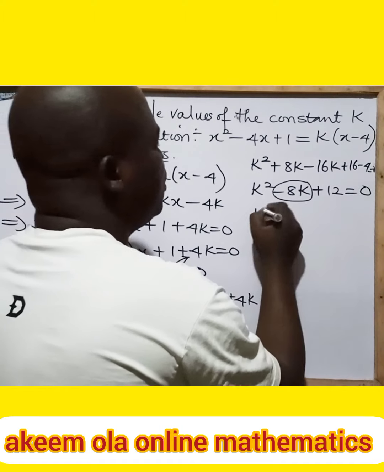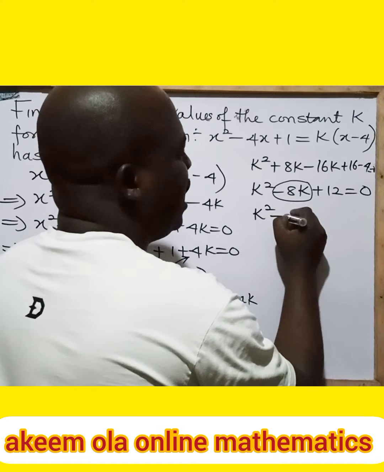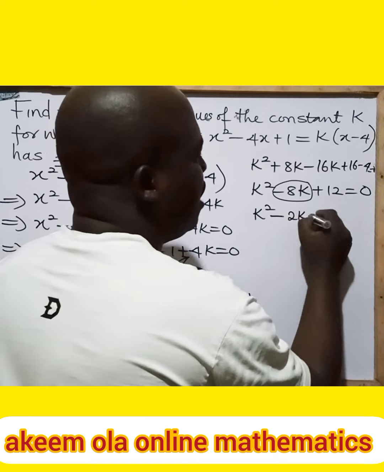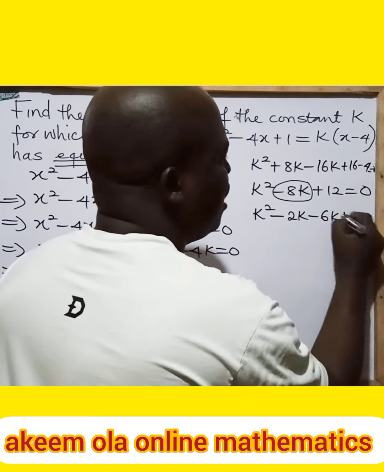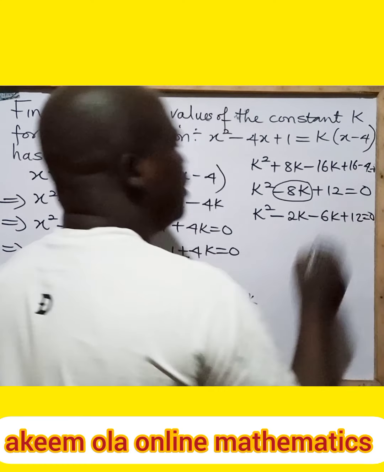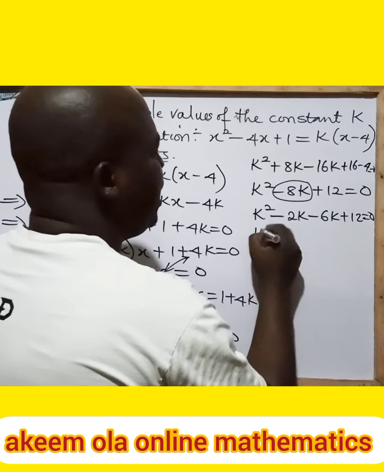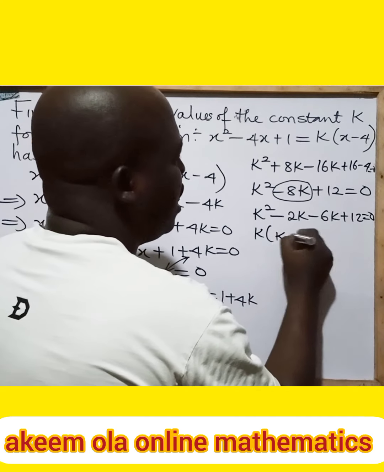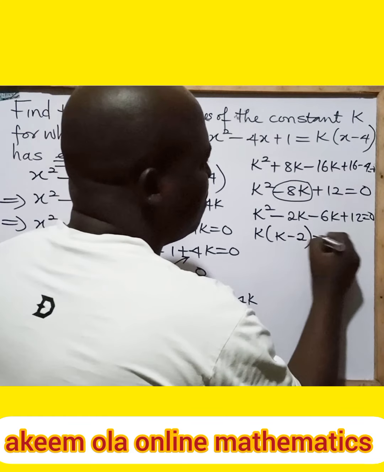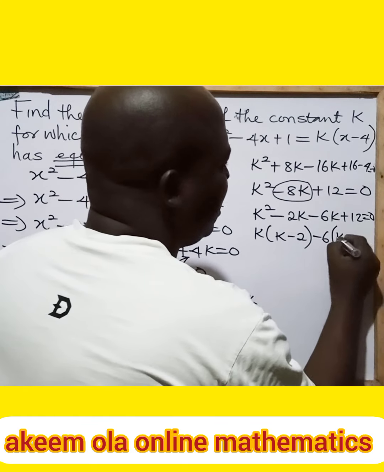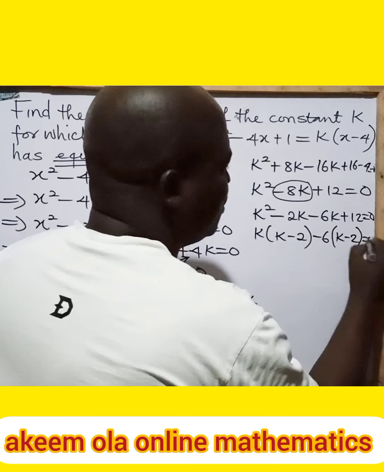So if you do that, you're going to have k squared minus 2k minus 6k plus 12 is equal to 0. When you pair them together, you're going to have k into k minus 2, then minus 6 into k minus 2 is equal to 0.